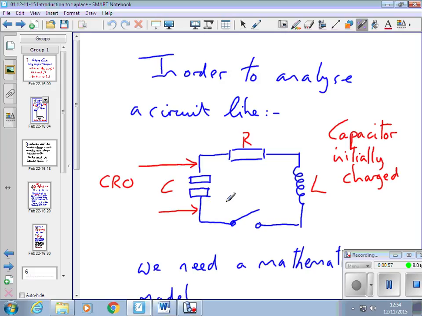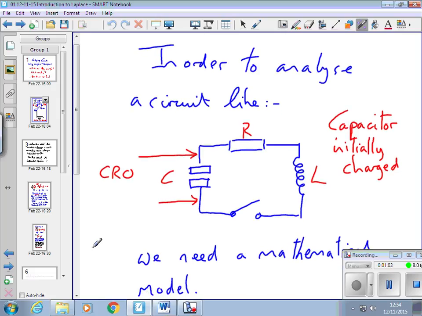Or if we gradually increase the voltage up to a fixed value, so it starts at 0, ramps up to something like 10 volts, and then goes flat. We're not going to concentrate initially on what happens in an AC circuit.